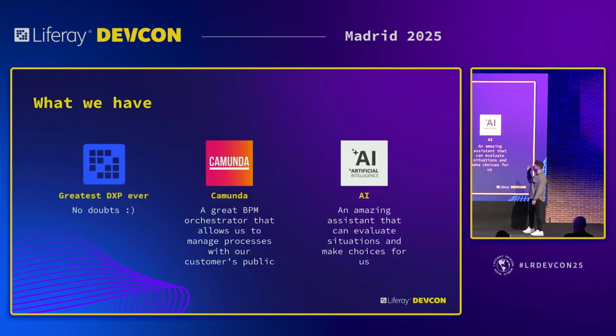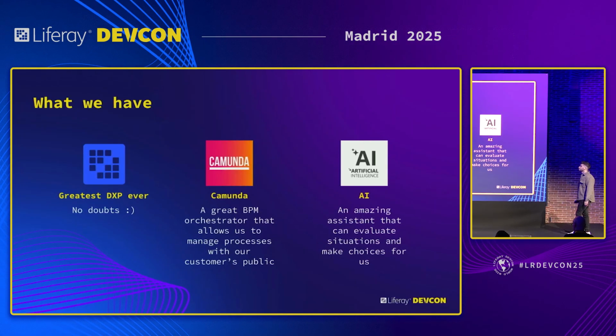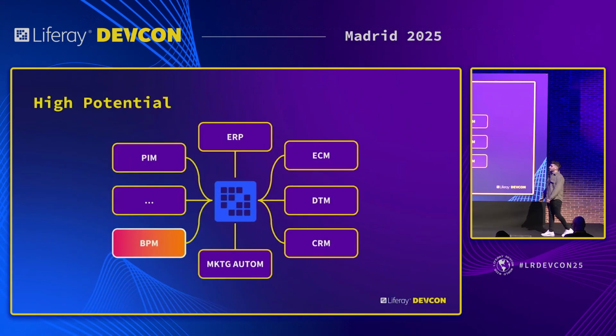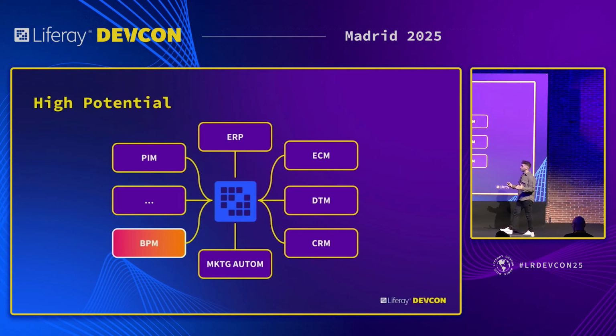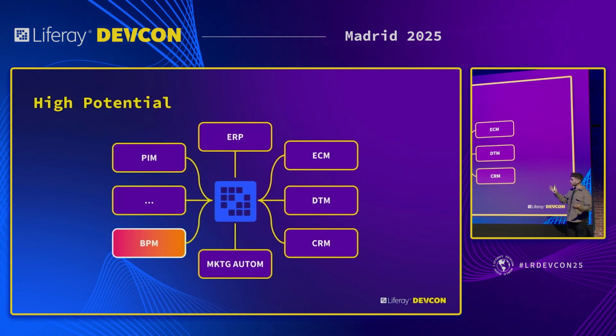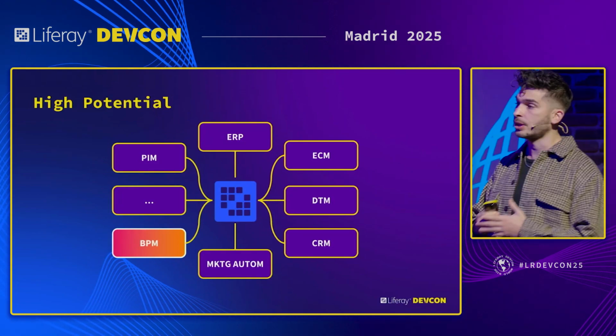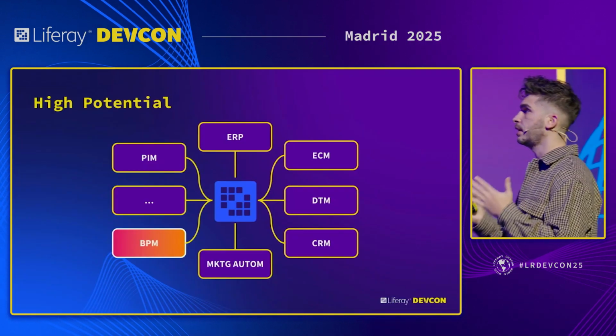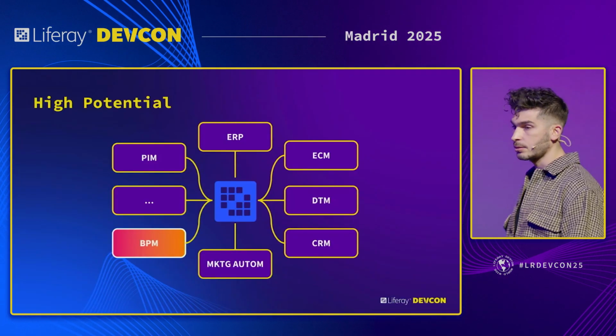And AI, of course, that can just help us and enrich everything we do. And, well, you know, we have a high potential. We have already, with the Camunda, we have more, of course. We have a lot of integration. We can integrate with all digital system of our customers.